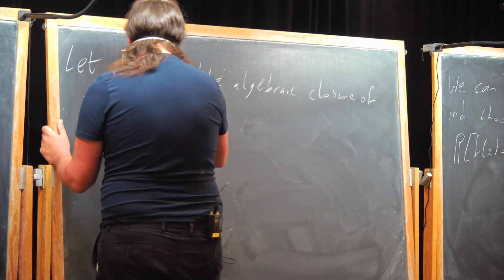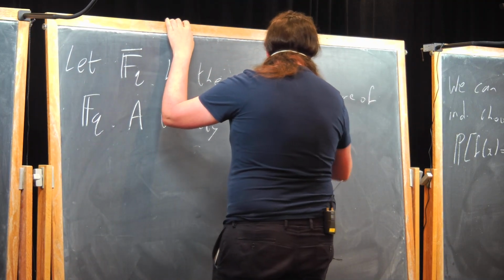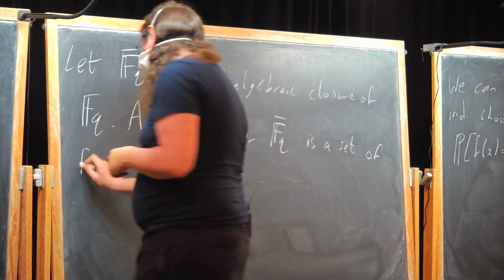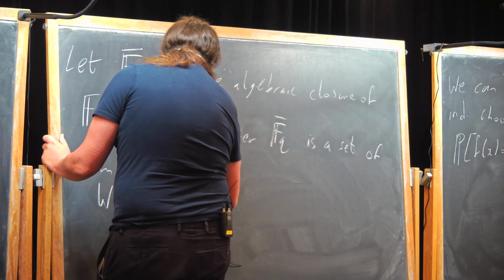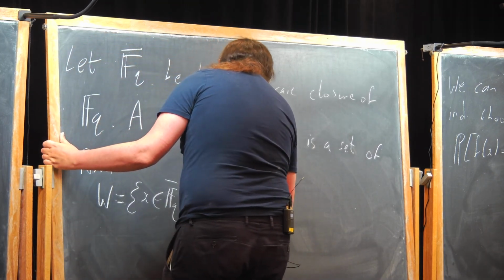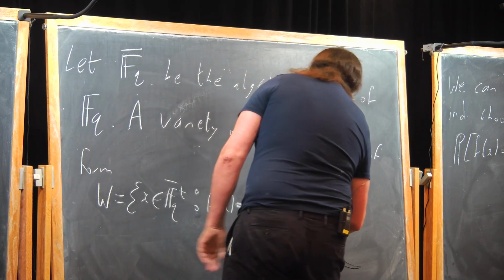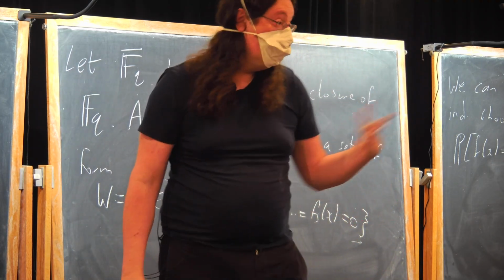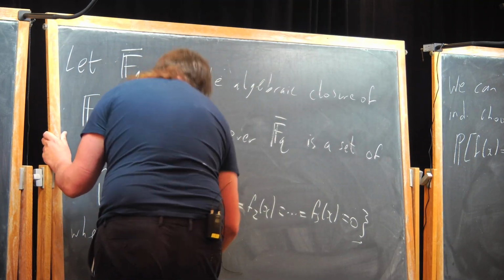All right, so a variety over Fq bar is just a set of the form W, the set of x contained in Fq bar to the t such that f1 of x is equal to f2 of x is equal to fs of x is equal to 0, where the fi are polynomials.